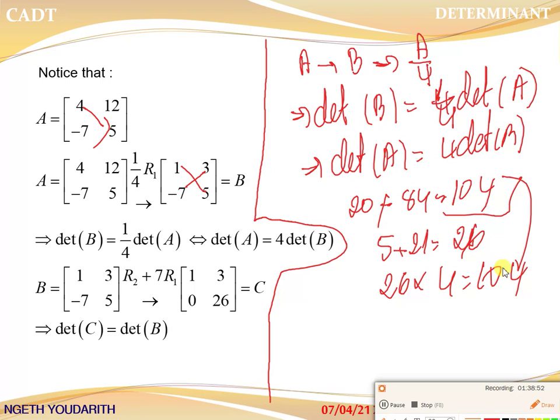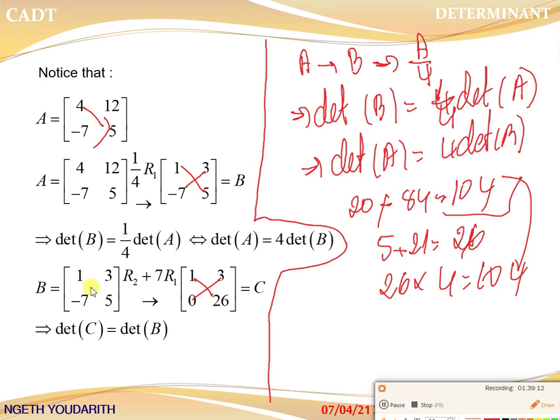But going from B to A by only adding row 1 and row 2, the determinants of C and B are the same.